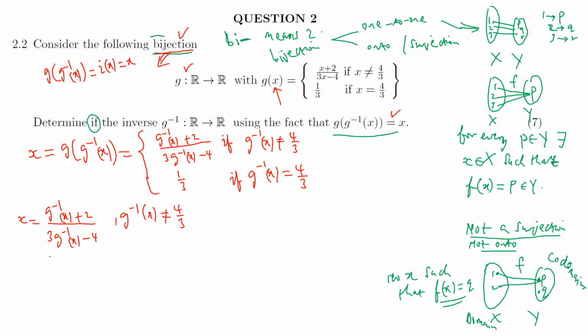So if you cross multiply, it becomes 3x G inverse minus 4x is equal to G inverse of x plus 2, which means G inverse, which is 3x minus 1, is equal to 4x plus 2.